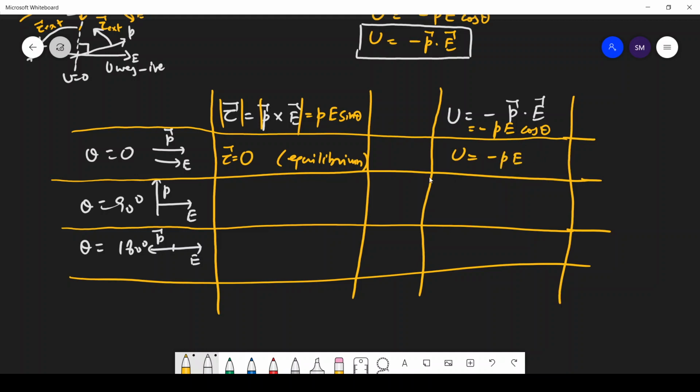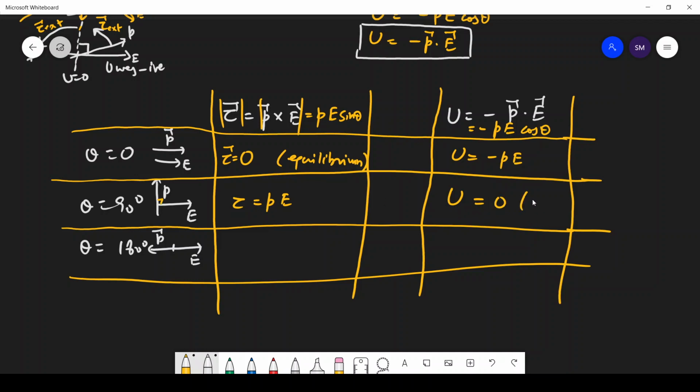Now at 90 degrees, the magnitude of tau will be PE, since sine 90 is 1. Here, we have already set the potential energy to be 0 when the angle between P and E is 90.